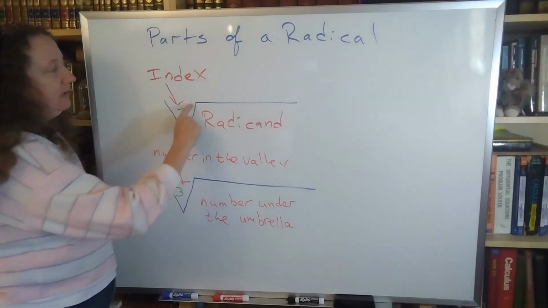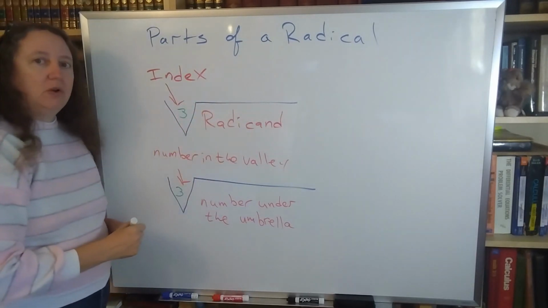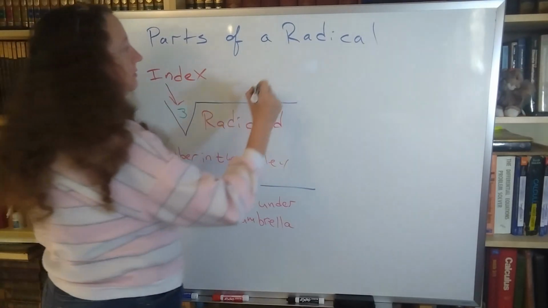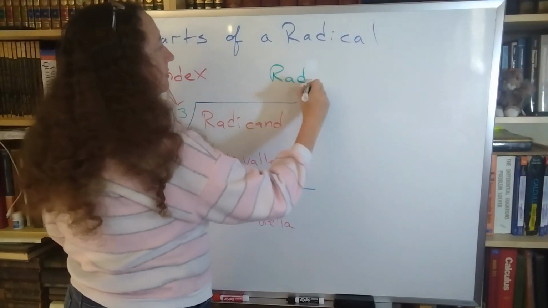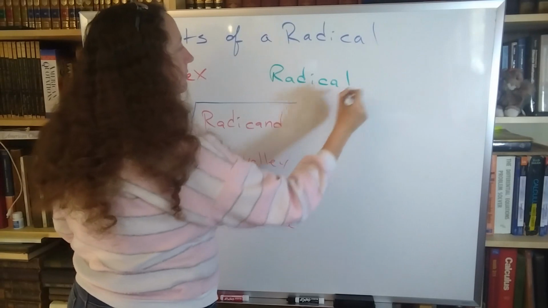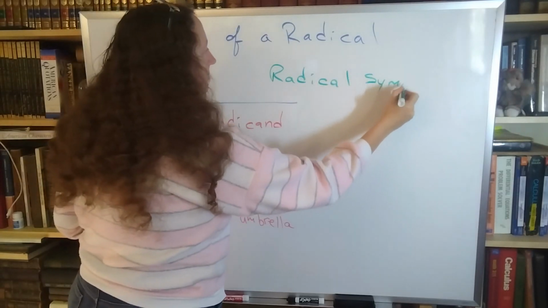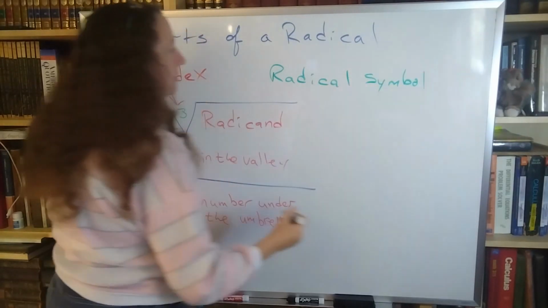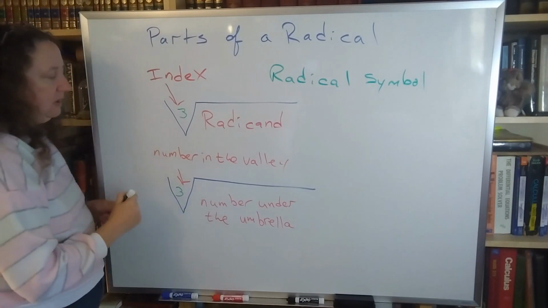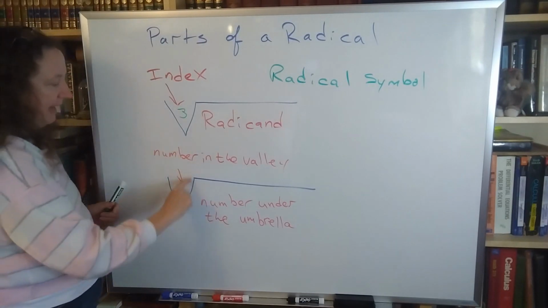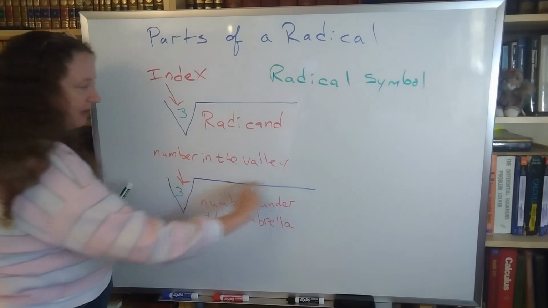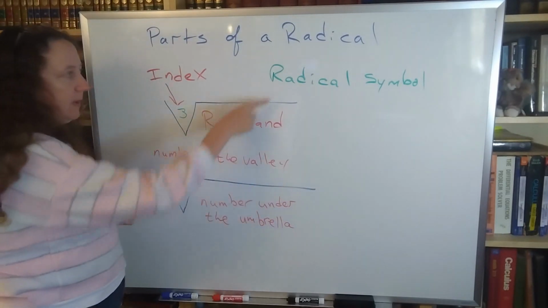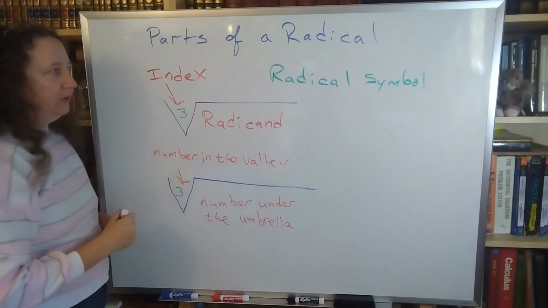The symbol itself is called the radical symbol. So we have the valley and we have the umbrella are both parts of the radical symbol.